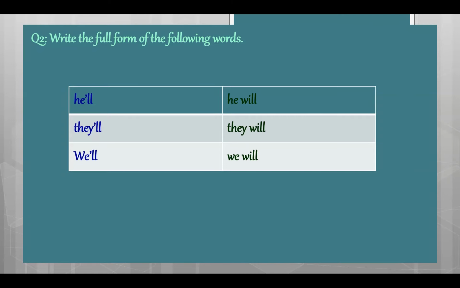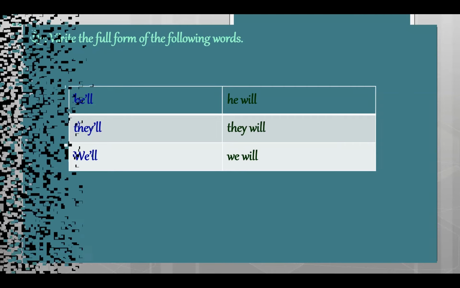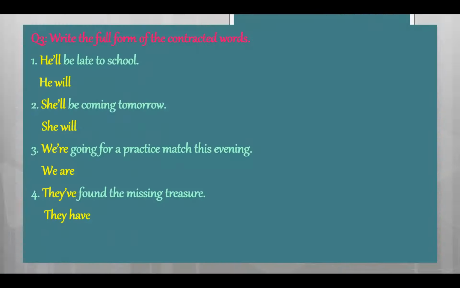Question number 3. Write the full form of the contracted words. Okay, in this question you're going to write the full form of the shortened words. Number 1. He'll be late to school. The full form of he'll is he will. He will be late to school.